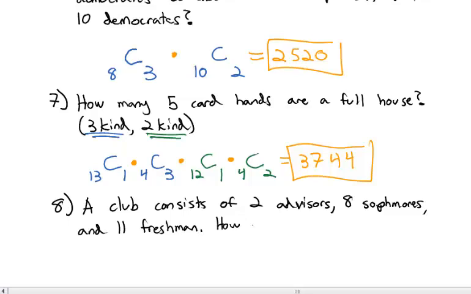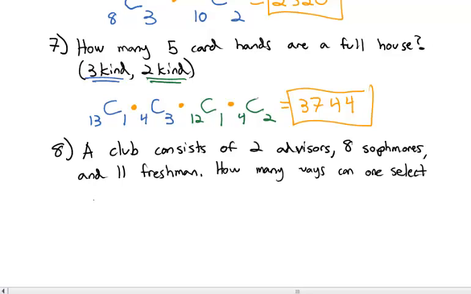We want to know how many ways can one select, let's start with a group of 1 of each. We want to get 1 advisor, 1 sophomore, and 1 freshman.